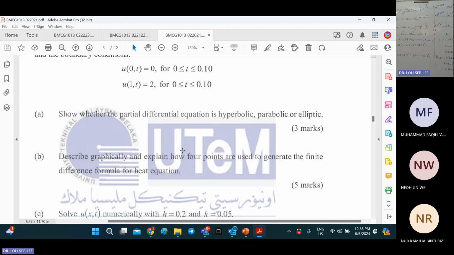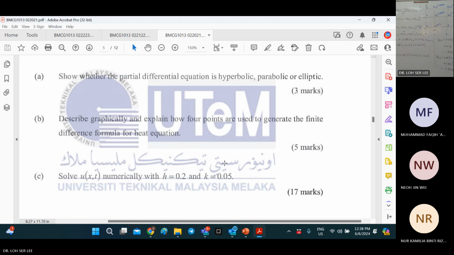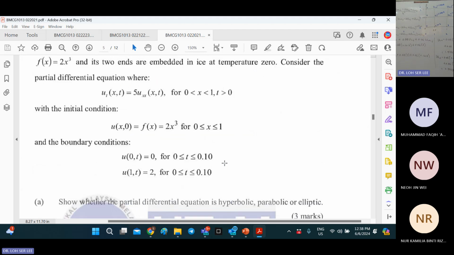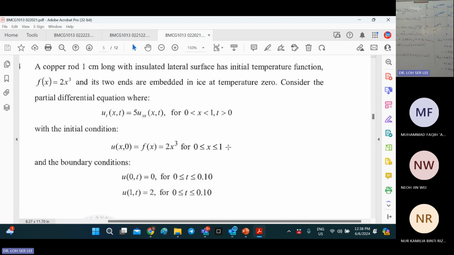This is what I explained just now based on j plus 1, i minus 1, i plus 1. Then solve this numerically, given h and k. Basically, this one is simple, if you know how to solve this numerically.